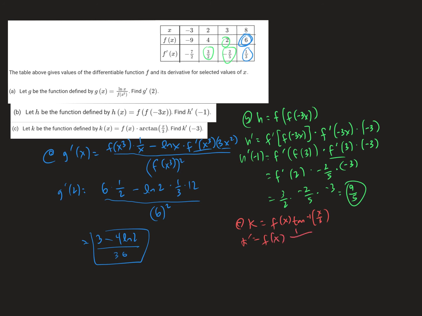Derivative of inverse tangent would be 1 over 1 plus that argument squared times the derivative of that argument, plus inverse tangent of x over 3 times f prime. And we're finding k prime of -3.